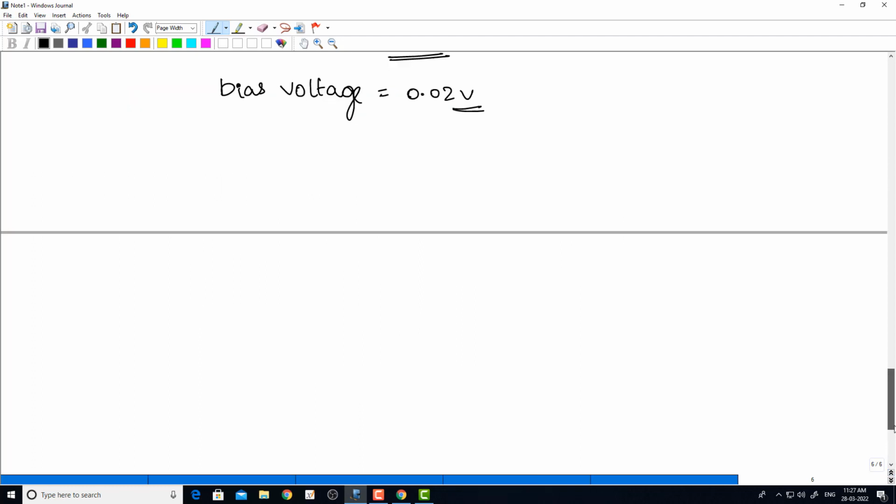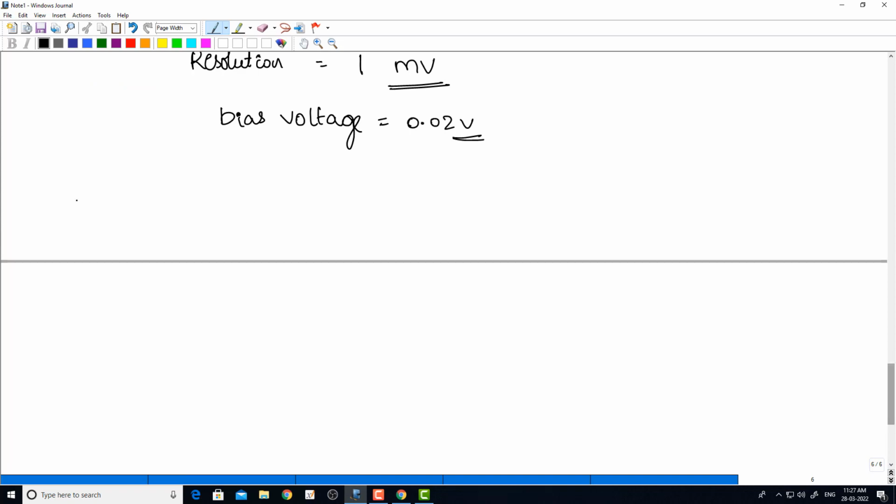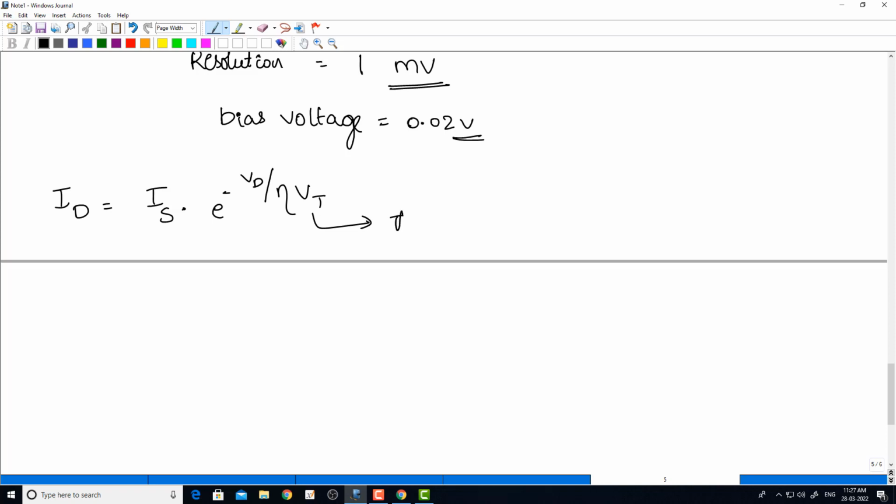We should know that the current flowing through the diode, Id, is equal to Is, the source current, into e to the power of Vd by eta Vt. Here Vt is the thermal voltage, eta is the constant for silicon, and Vd is the bias voltage.